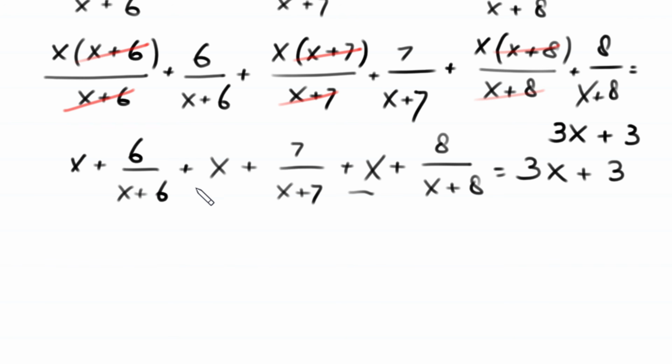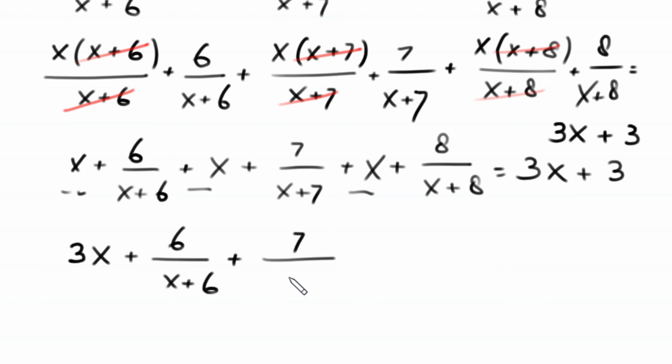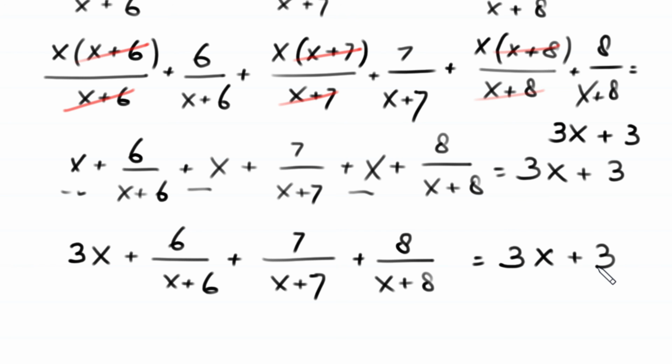This x plus this x plus this x will become 3 times x, plus 6 over x plus 6, plus 7 over x plus 7, plus 8 over x plus 8, equal to 3 times x plus 3.